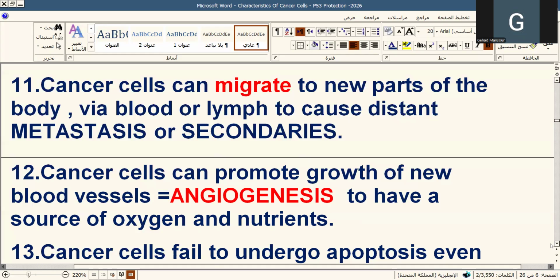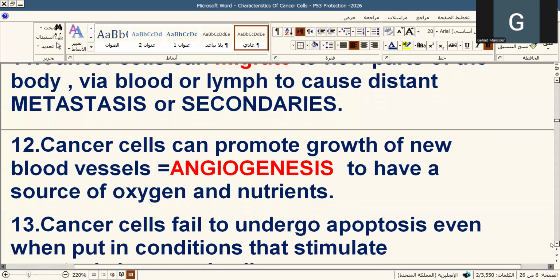But cancer cells can divide without these membranes, and that's why they can travel in blood and in lymph, and they're even capable of dividing while they are being transferred in the blood or in the lymph. So they can migrate to new parts of the body, and this migration allows them to make cancer or tumors in new parts of the body, which we call metastases or secondaries.